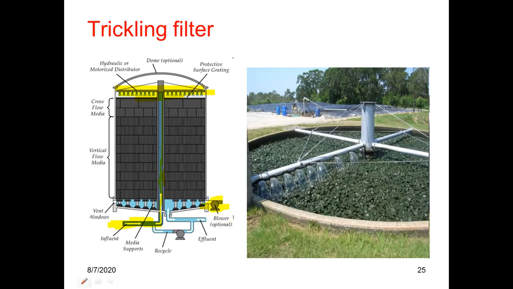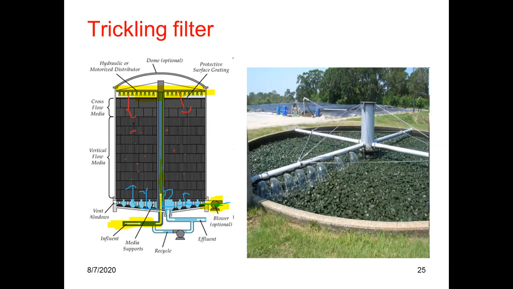So this is the blower entrance. The air will go into the trickling filter. So what happened here? When wastewater is going down, it will contact the media, and microorganisms are attached to the media.